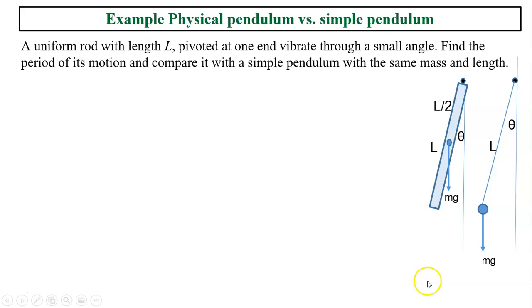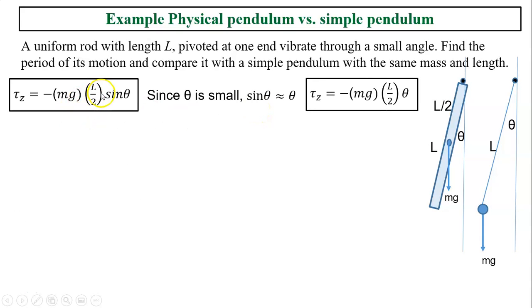To find the period of this physical pendulum, remember we have to start with torque. Torque equals r cross F, mg, L over 2 sine theta. L over 2, because here it has to be from the center of mass to the axis of rotation. So this is when theta is small. This is the torque. Torque equals I alpha.